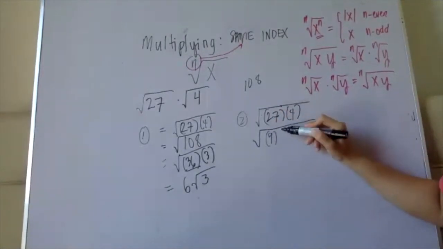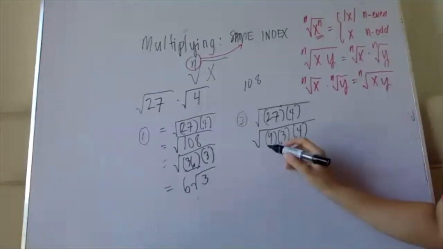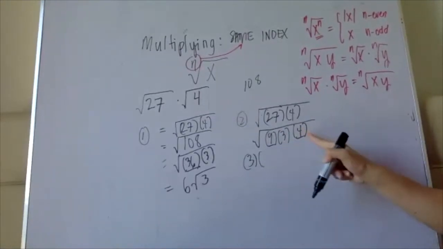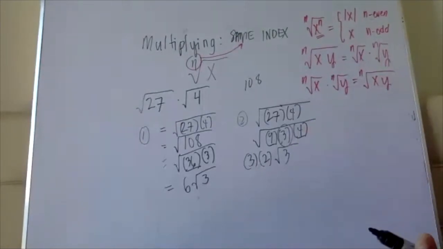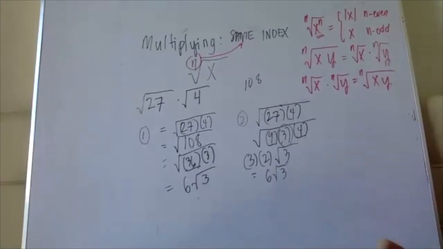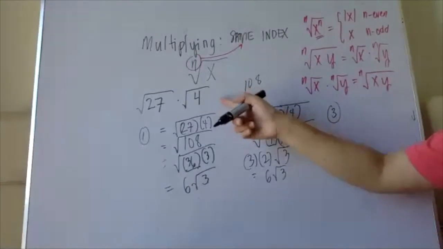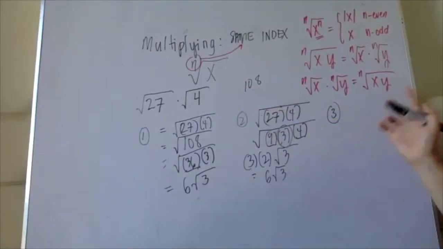So, 9 times 3 times 4. What can we take out? This 9 and 4, because both are perfect squares. So, 3 times 2 square root of 3. Okay? This is equal to 6 square root of 3. This is actually the easiest for this specific example. So, okay, later.